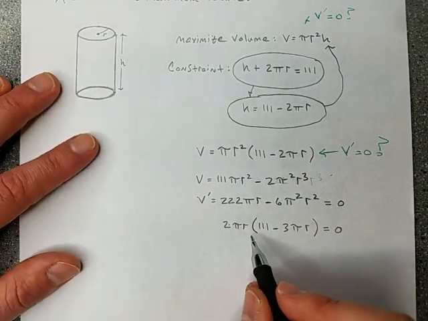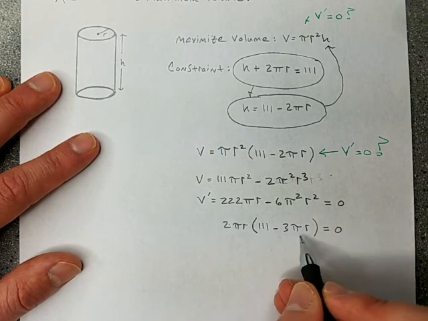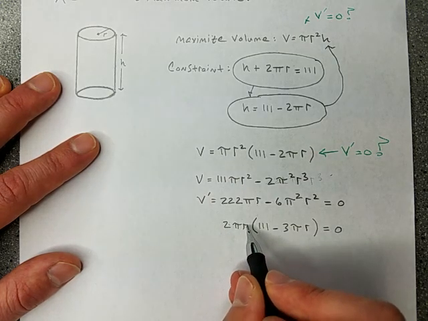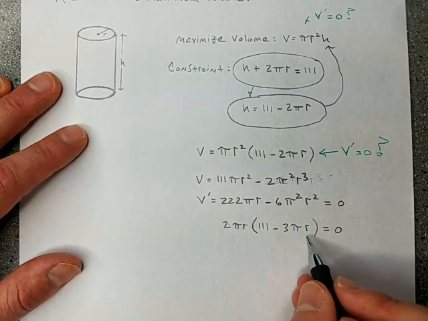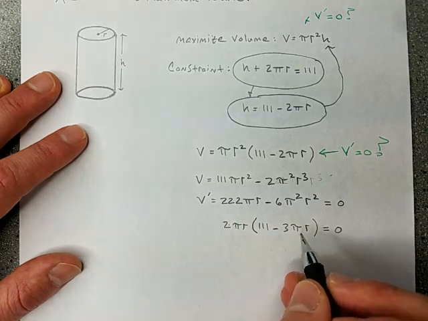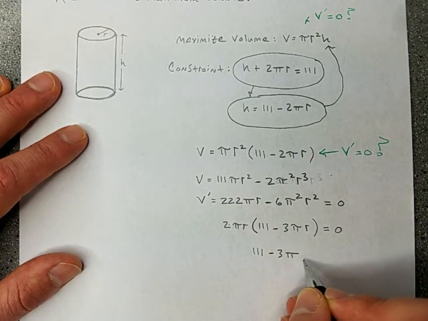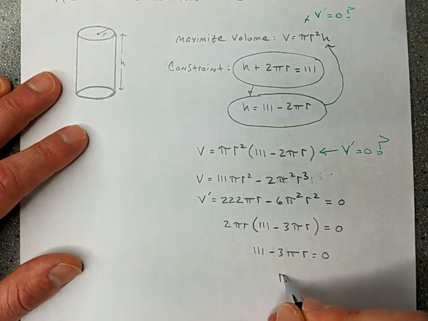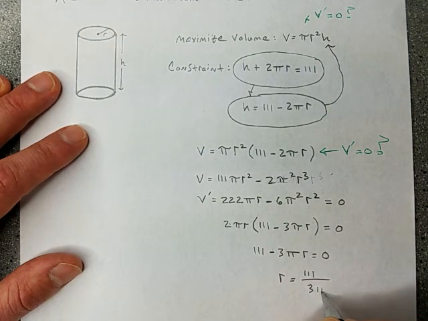Now, because these multiply to be 0, then either this is 0 or that is 0. If 2 pi r is 0, that tells me that r itself is 0, and that's not a meaningful answer to our question. For this other one, if 111 minus 3 pi r is equal to 0, then that could be solved pretty easily: r is 111 over 3 pi.